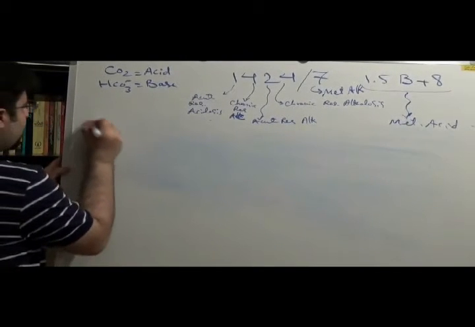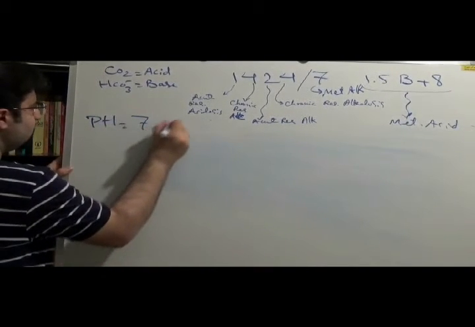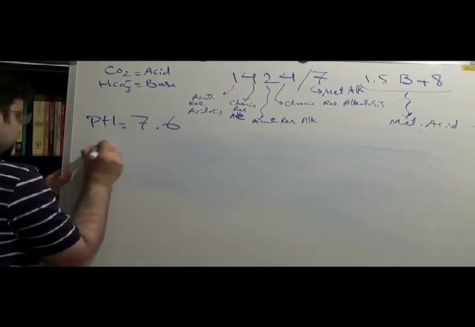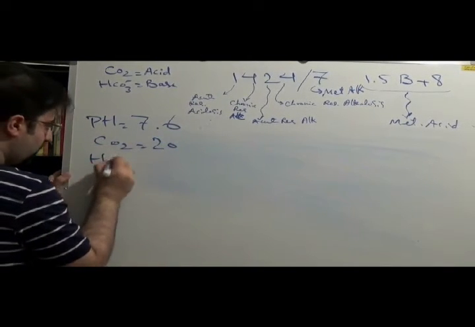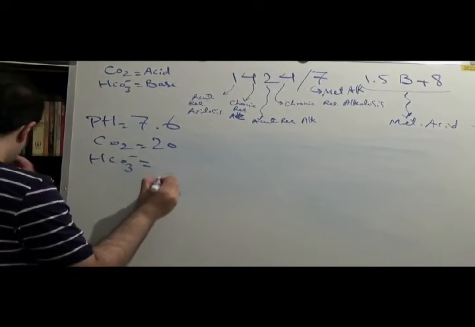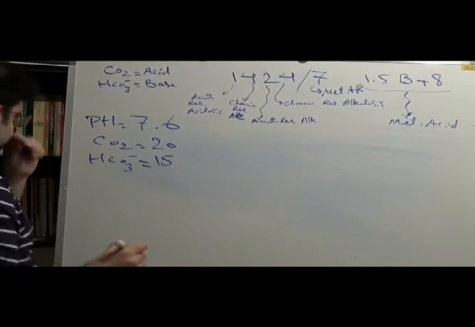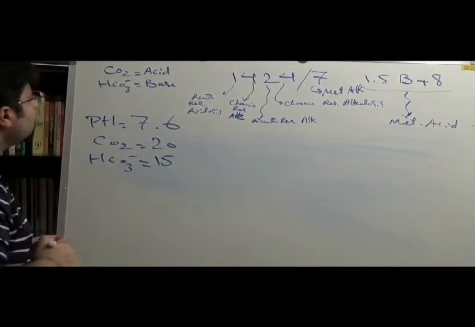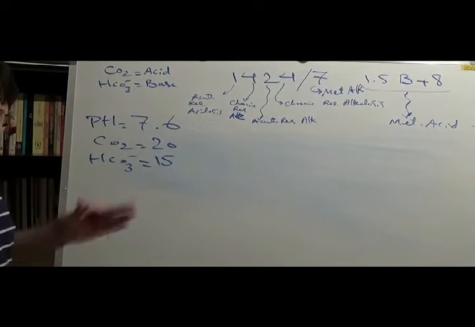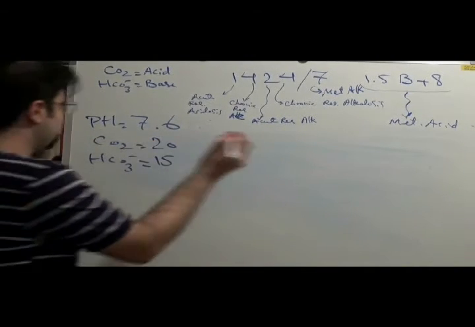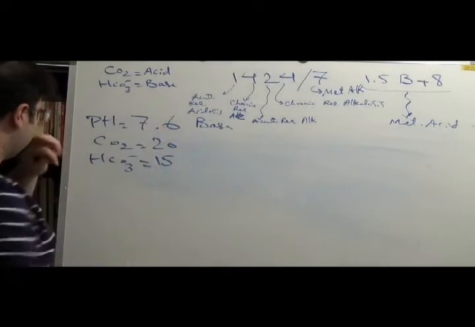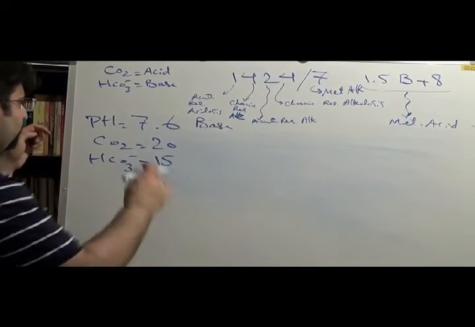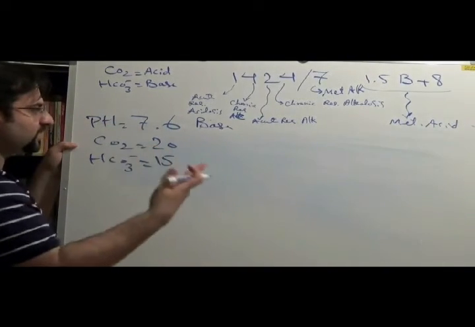Okay, another example. pH equal to 7.6, CO2 20, and bicarbonate equal to 15. So, as we said before, look at it. pH is base. Okay, it is base. CO2 is decreased, so we lost some acid.